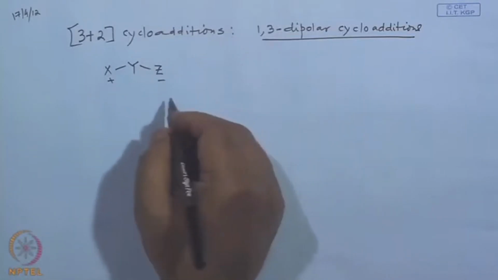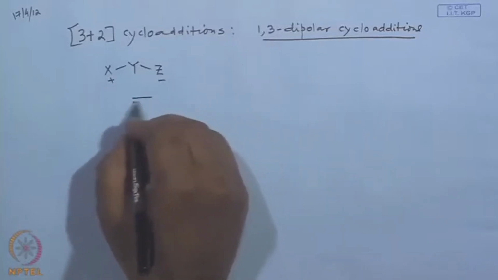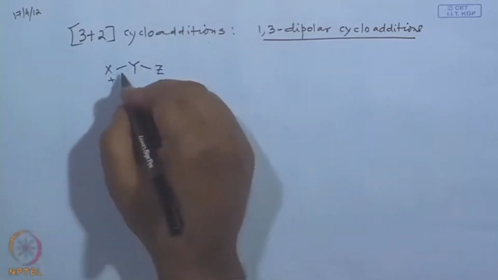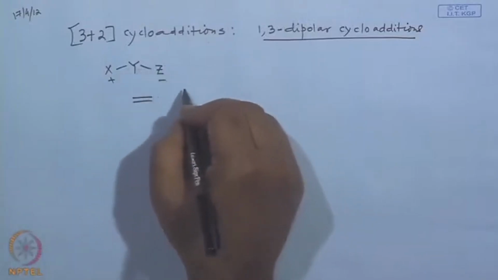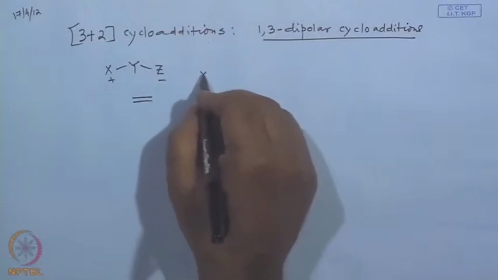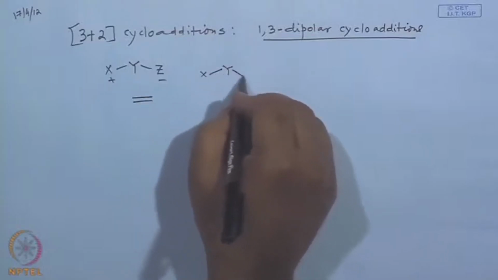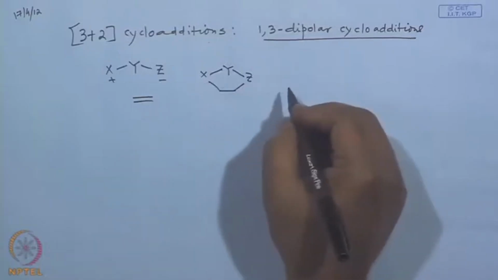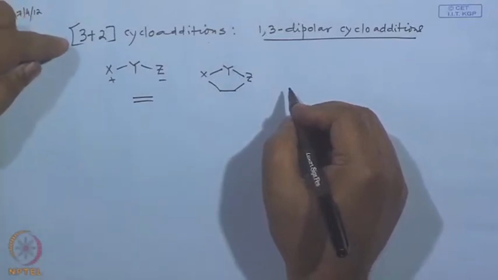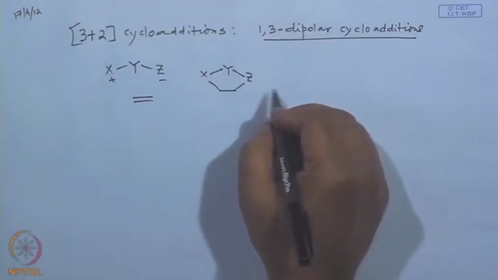And all of you understand that this sort of molecules can react with olefin. And so obviously what you will find after the reaction is a 5-member ring system. So that means 3+2 cycloaddition reactions are exclusively for the 5-member rings.